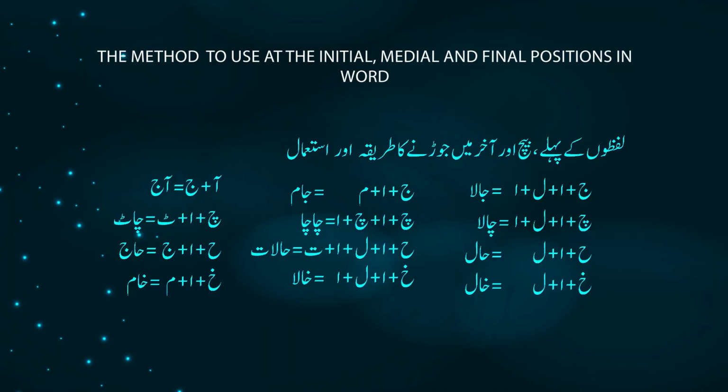You can observe in this word also, when this is not connected, all the alphabets are intact in their full form, but when they are connected, when we construct words from them, they change their shapes, particularly in initial and medial position.